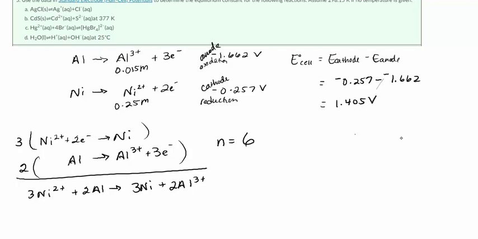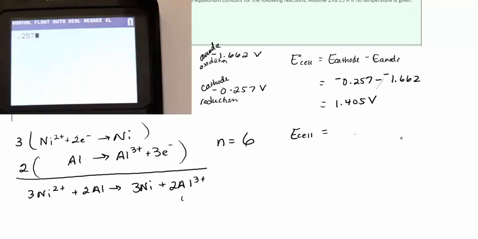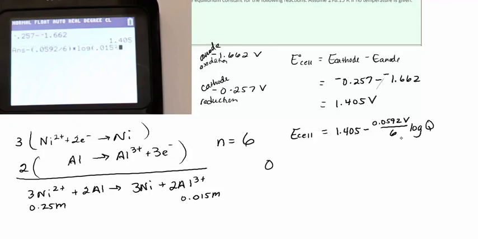So now I can calculate my non-standard cell and my aluminum. I'm going to drop these concentrations down too so we can see those. So my non-standard cell, I start with my standard, and then I subtract, and my n value is 6, that's why there's a 6 there, log of the Q value. Now the Q value is going to be products over reactants, and here my product is squared because that's the stoichiometric coefficient in front of it, and my reactant is cubed.